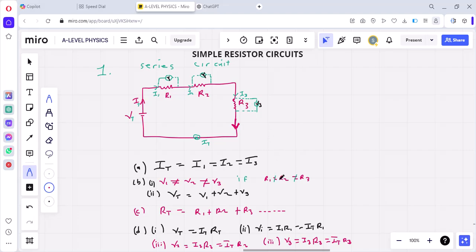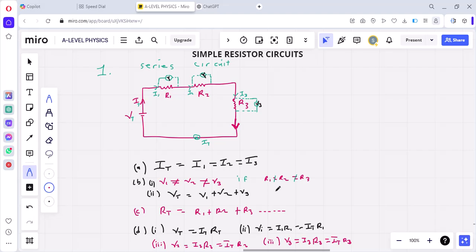If the resistors 1, 2 and 3 are equal, then even the voltage drop will be equal. Now VT is the total voltage of this circuit. This total voltage is the combination of the voltage across resistor 1, the voltage across resistor 2, and the voltage across resistor 3.